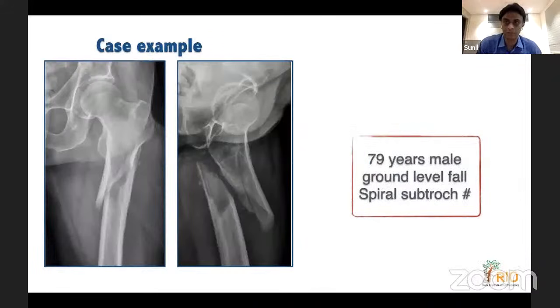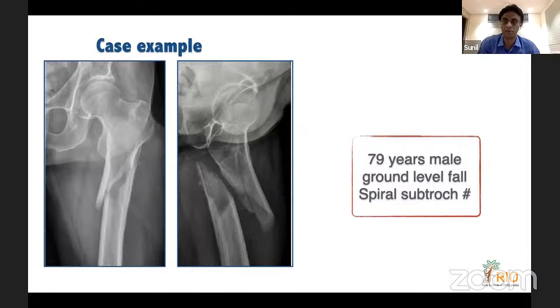From my preceding slides, you would have understood that with regards to successfully treating subtroch fractures, it is all about reduction. Unless you get a reduction, you will not be successful. And even when you get a reduction, you still have to complete nailing without losing reduction. That is a different task by itself.